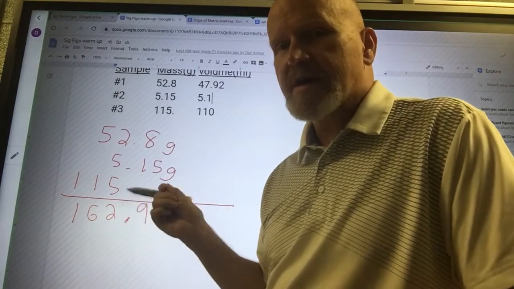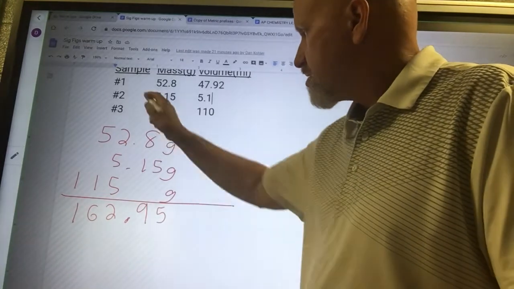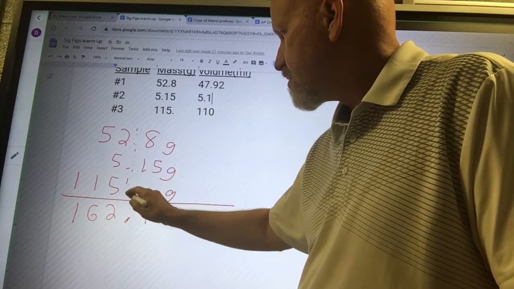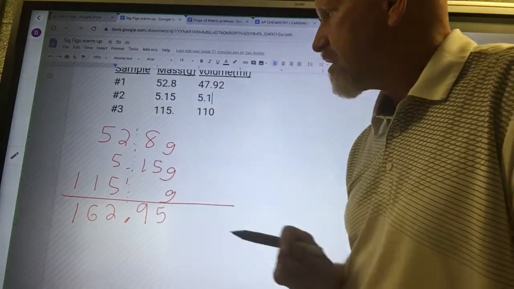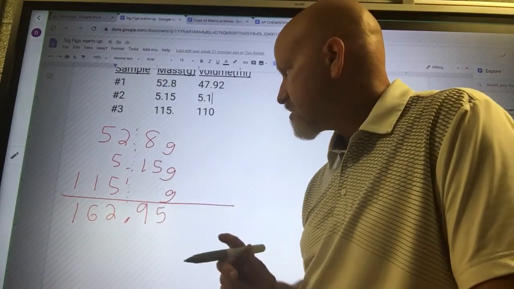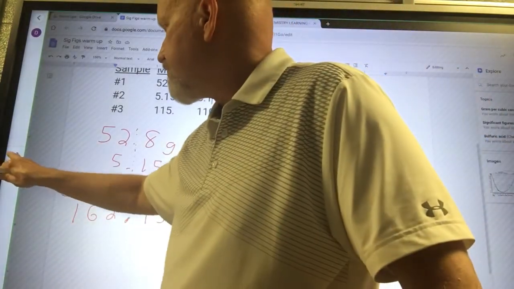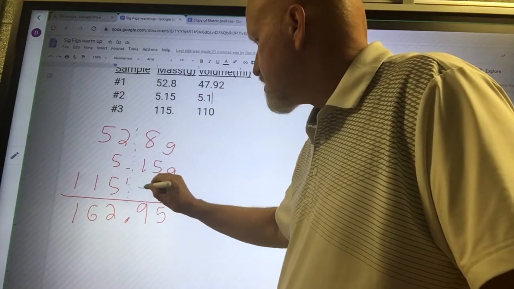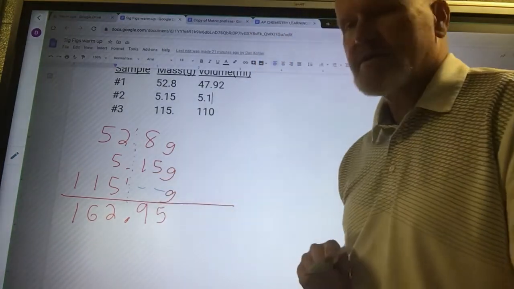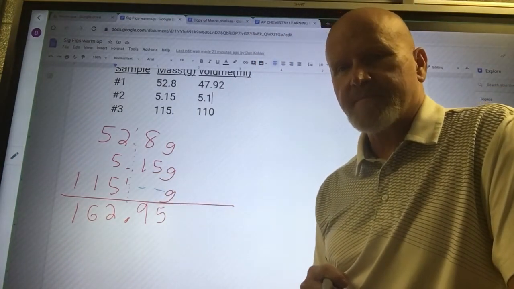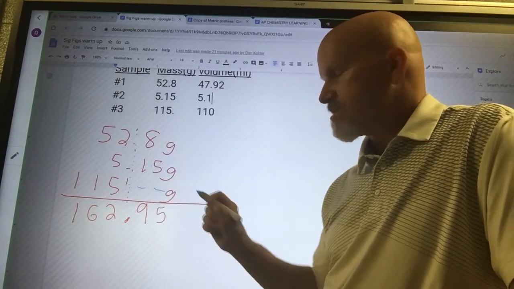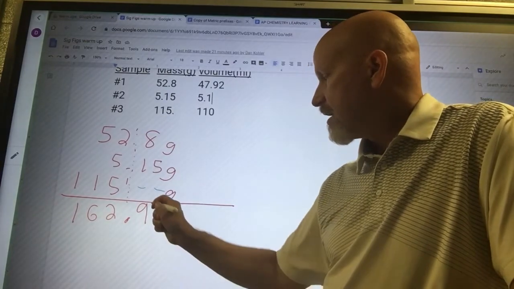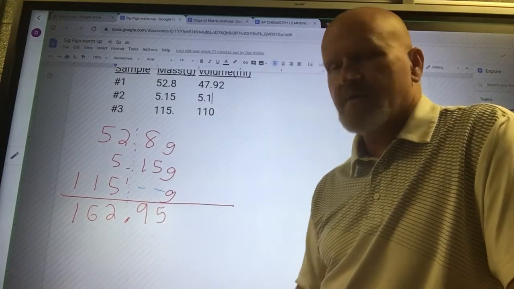Now, here's the thing. You can't use that number. The reason I like to line up these columns right here is, there's my decimal place. I didn't put the line right there because that's where the decimal place is. I put that line right there because this is where I don't know exactly what the numbers are. If I don't know what those numbers are, because the measuring device doesn't have that kind of precision, I can't say for sure what those numbers are right there.